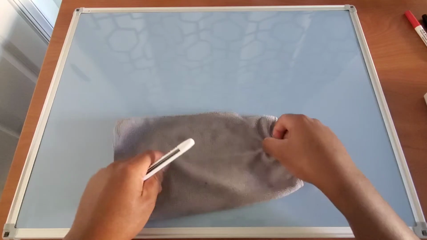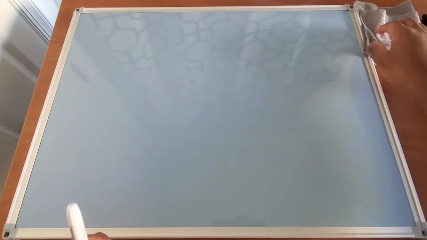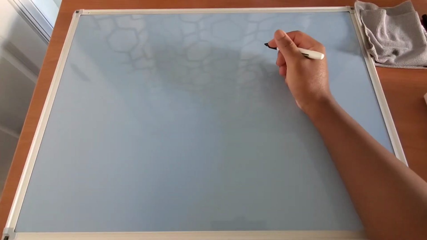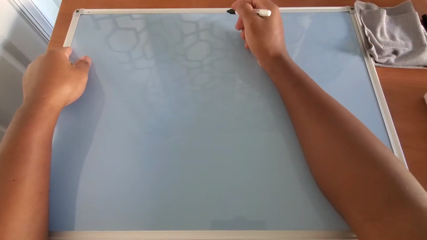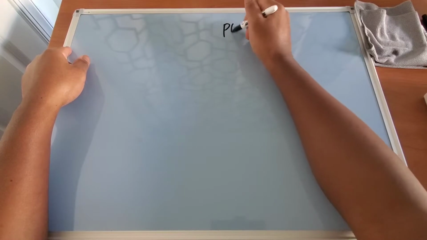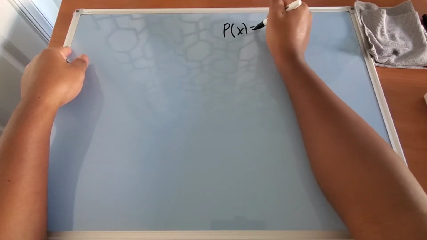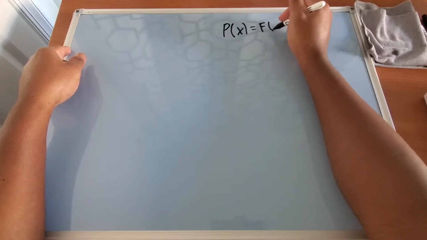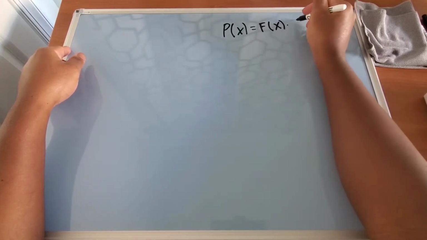So first I'm going to start with the definition of the product rule, and then we can look at forms that would be the product rule and forms that would not be the product rule. So we're going to assume that we have a function p of x that will be equal to f of x times s of x.